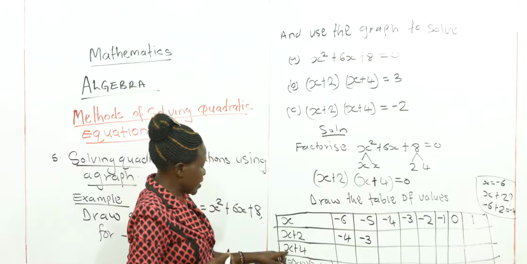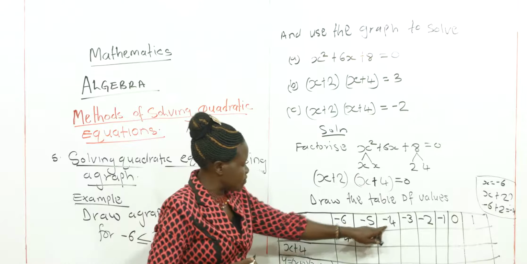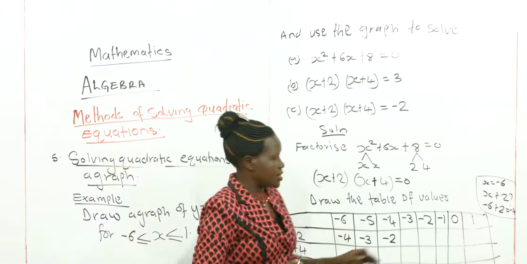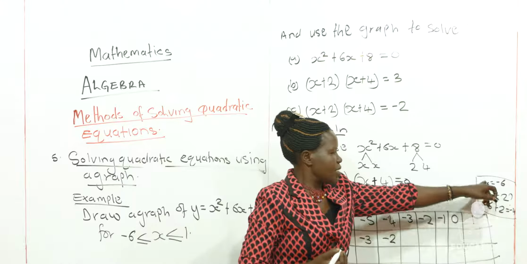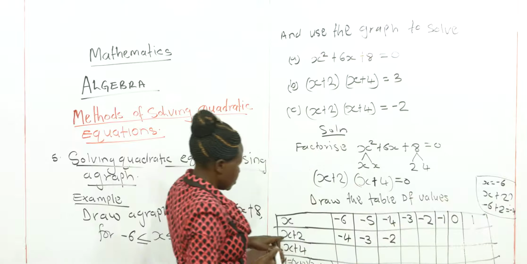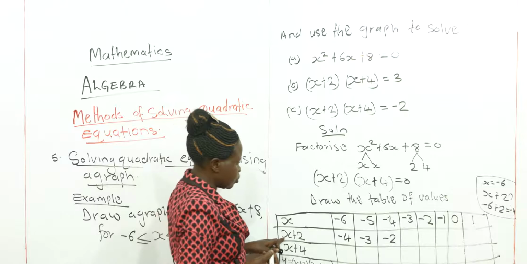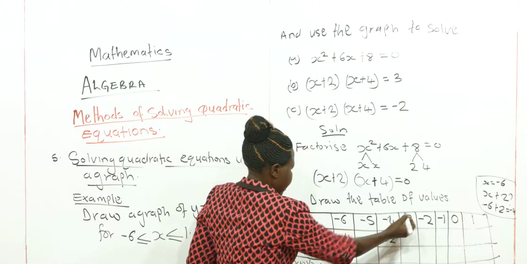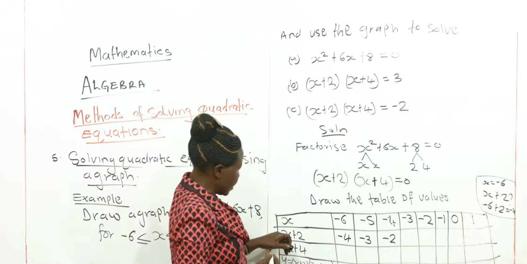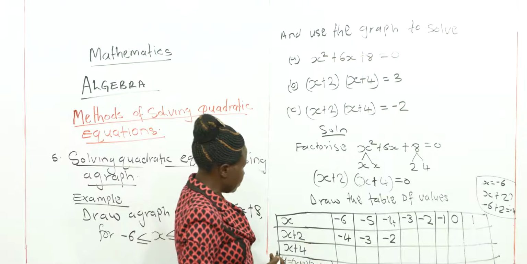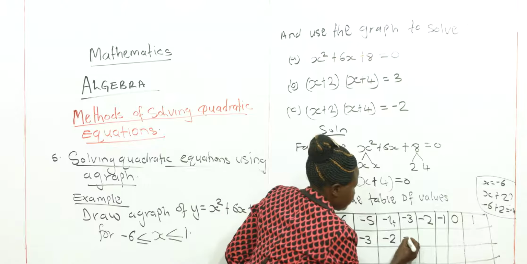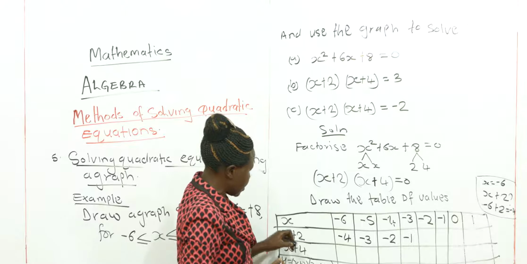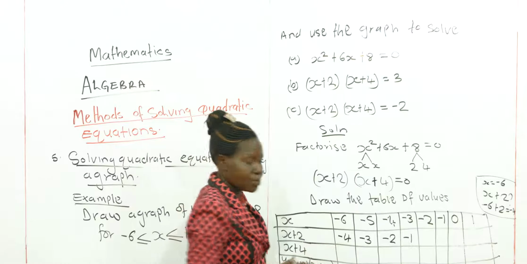And then here, if x is negative 4, what will happen here? We will get negative 2. I hope class you are following me. For us to get the values, you substitute x with the values which are given. Now, if x is negative 3, if we place negative 3 here, we get negative 3 plus 2, which gives us negative 1. And then here, when we place x as negative 2 plus 2, we get 0.